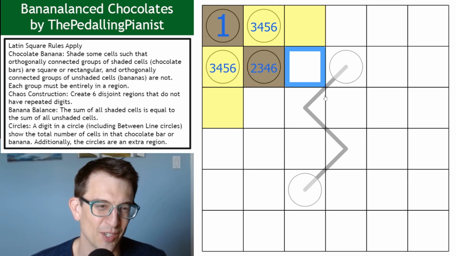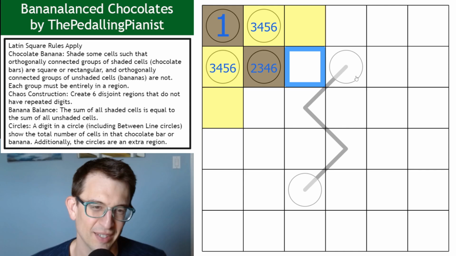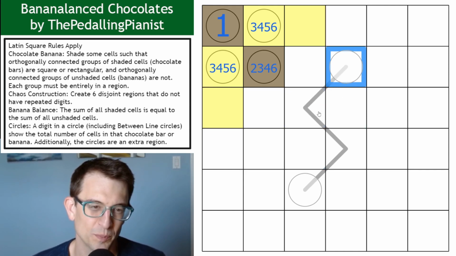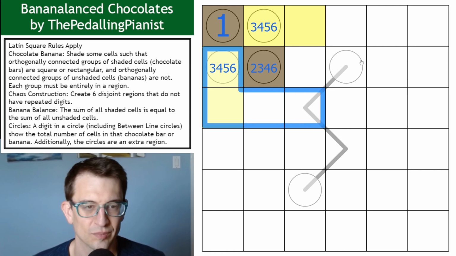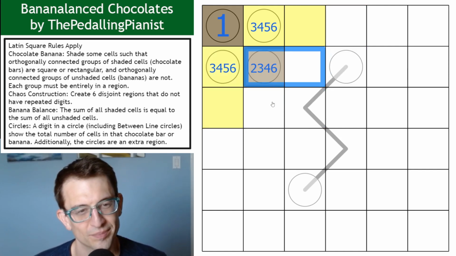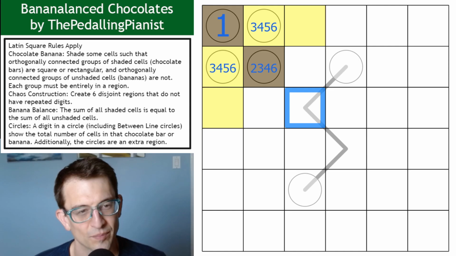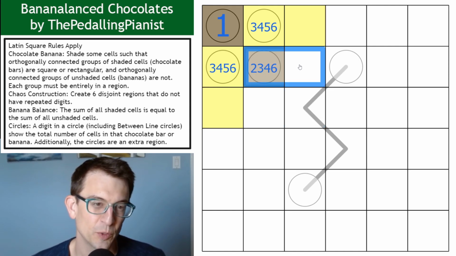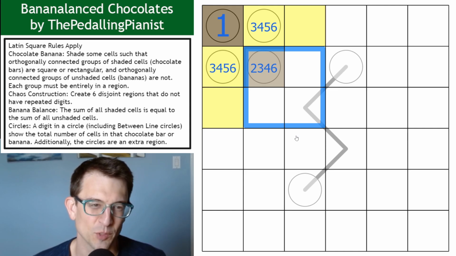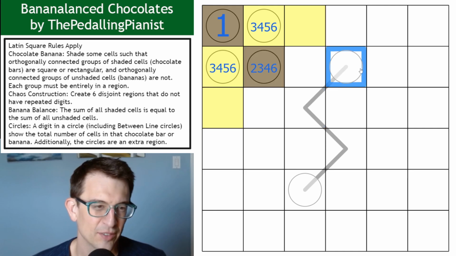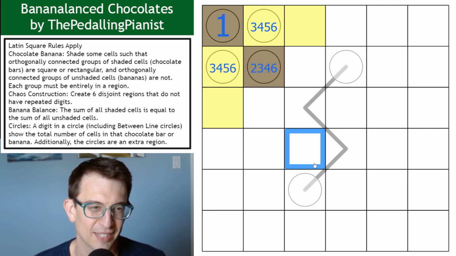I think the answer is no, but it's hard. Maybe it could. I was thinking if this is a 2, well, it could just be a 4 chocolate like this. That seems pretty plausible as well. Yeah, I don't know where to go from here actually.